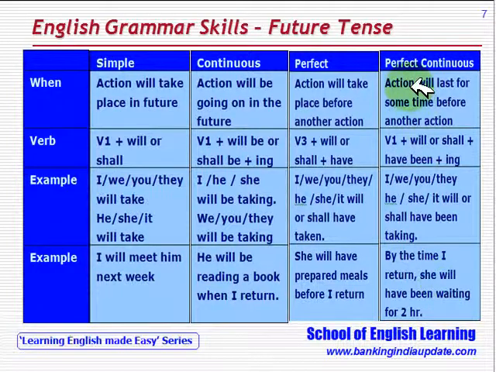So future perfect continuous. Action will last for some time in future before another action. Here first form plus will or shall plus have been plus ing will be used.